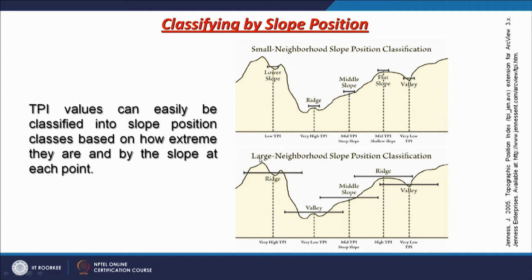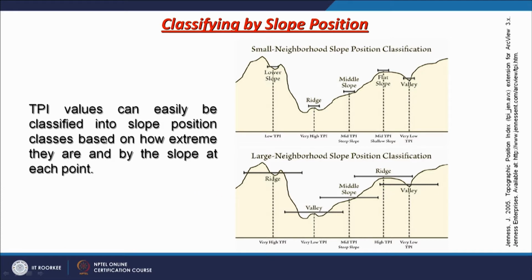However, when we go for a large neighborhood, when our search area increases, then the same lower slope is defined here as a ridge. The ridge here is defined as a valley, and the middle slope remained middle slope. This flat slope, which was earlier determined based on the small search area, has now become ridge, and valleys of course remained valley.